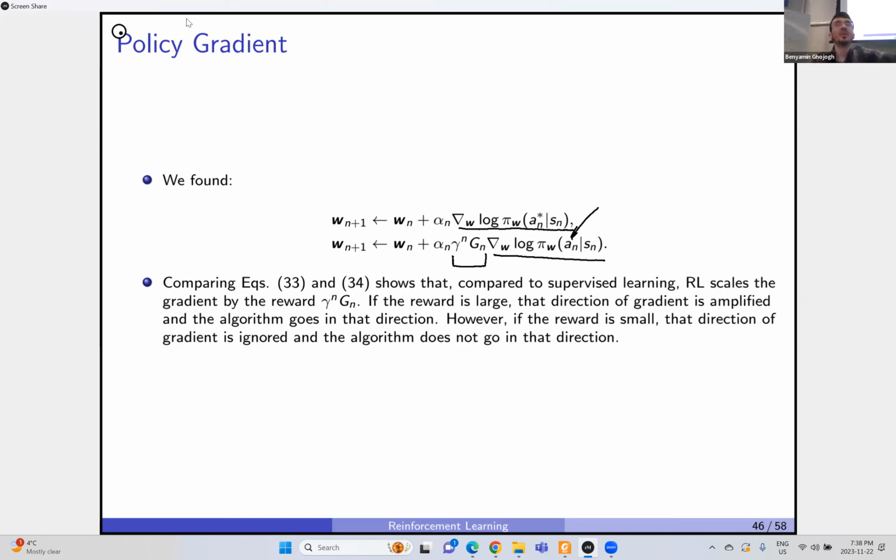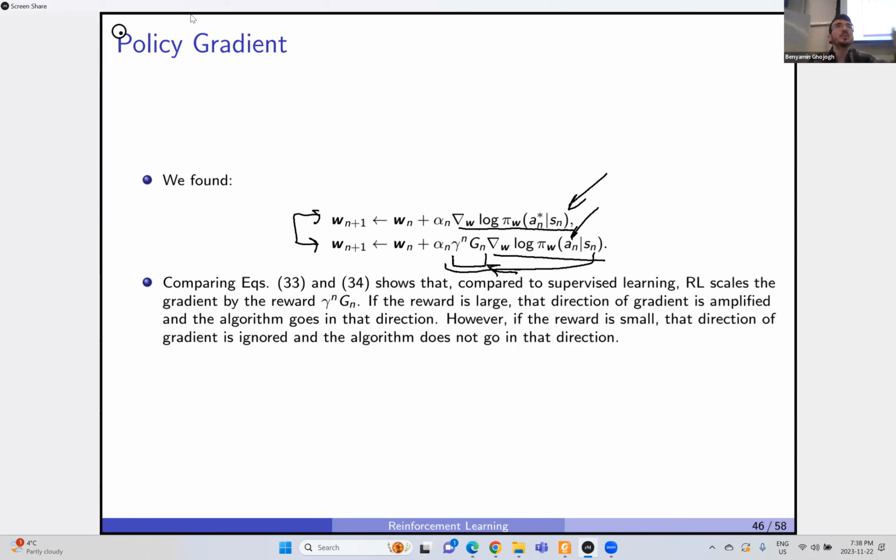The reward becomes large. So it says, consider this gradient, exaggerate it. What if the action AN is very bad, awful? GN will be low, says ignore it. Don't consider that gradient direction. Do you see that? Now you can see the difference between these two.